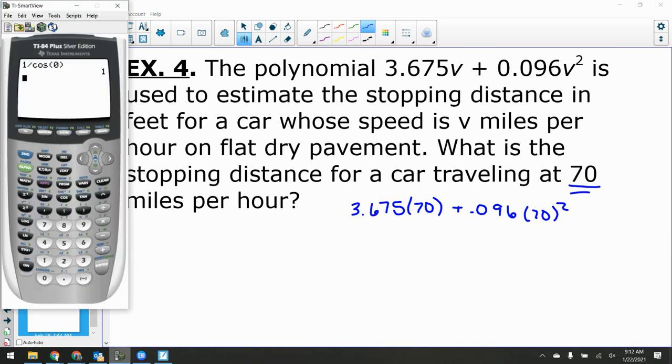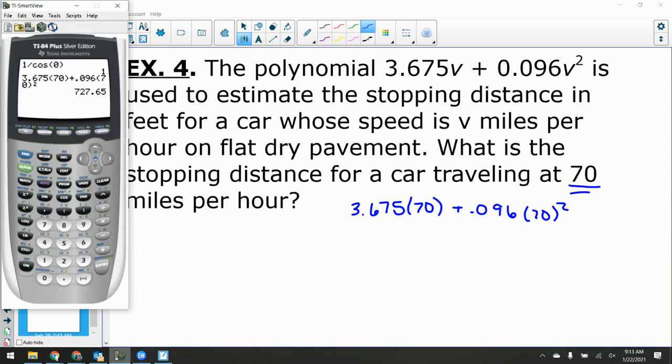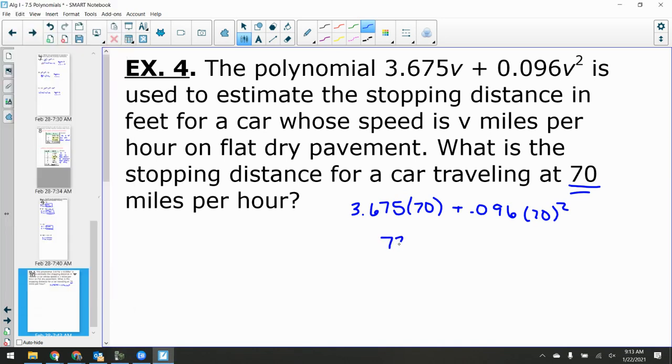So I would say if you're going 70 miles per hour, you need about 700 feet to stop safely. Okay, 727.65 feet. That's the safe stopping distance.